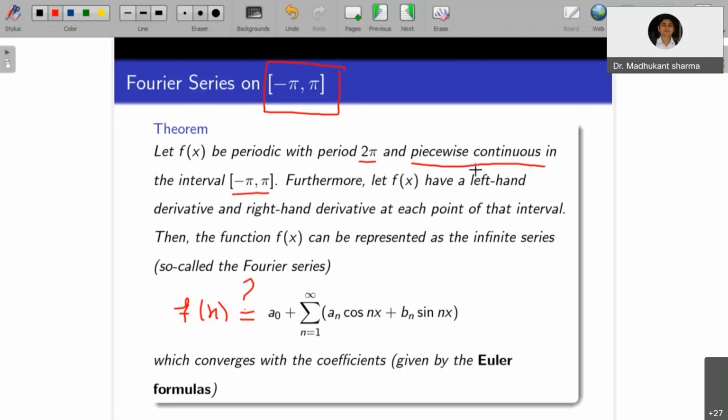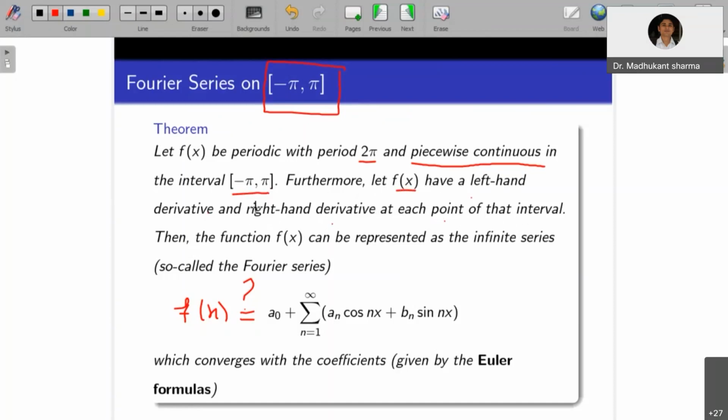Okay, so it says that you are allowed only a finite number of discontinuities. Further, let f of x have a left-hand derivative and right-hand derivative at each point of that interval. So the understanding is that f may or may not be differentiable over the interval, but at every point of the interval it has a left-hand derivative and right-hand derivative.